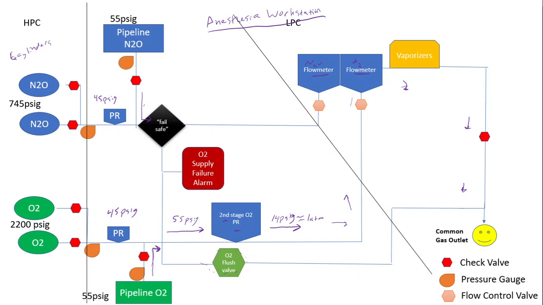Essentially, just to quickly review, we have our pipeline sources, we have our E-cylinder sources. We need to decrease our E-cylinder sources in order to preference our pipeline sources and only use our E-cylinder for emergencies. We do that using a series of check valves to ensure unidirectional movement, pressure gauges to know the pressures, and pressure regulators to decrease those pressures to preference our pipeline.